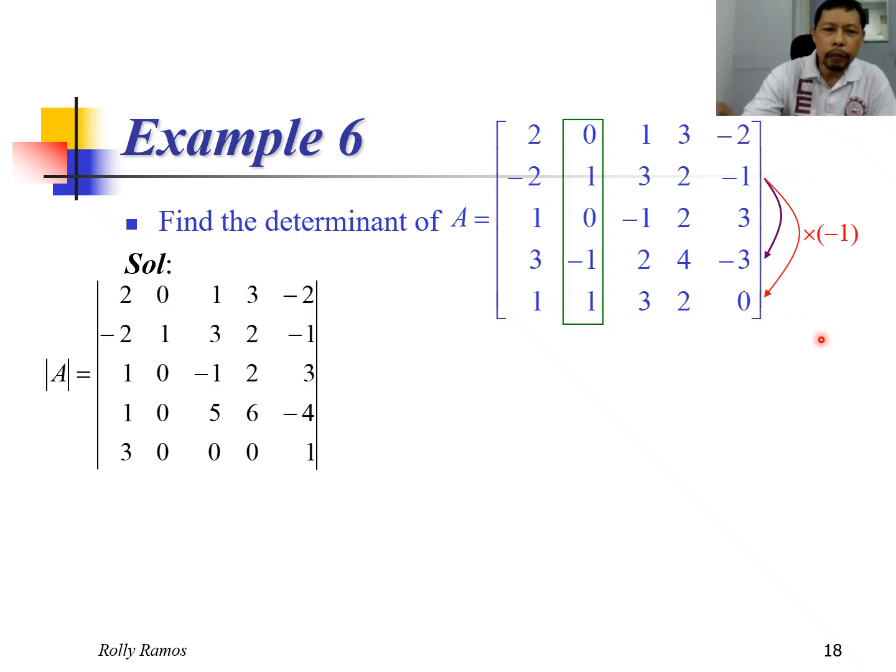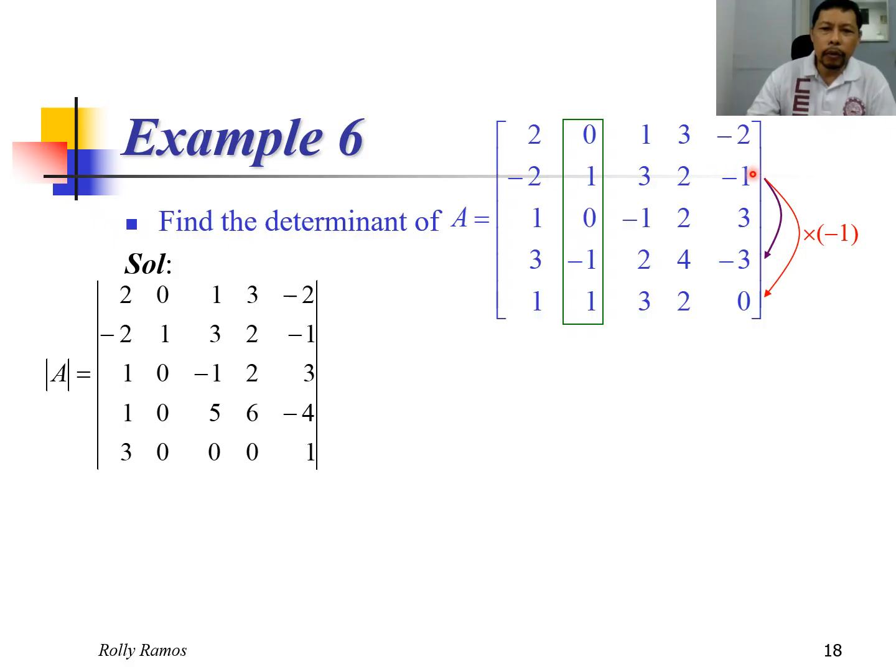Okay, doing that will give us this new matrix. So we did not change the value of the determinant because we multiplied a row by a number and added it to another row. We did not interchange any row or any column. So we will not introduce a negative sign here. Okay, so the value of the determinant remains the same.